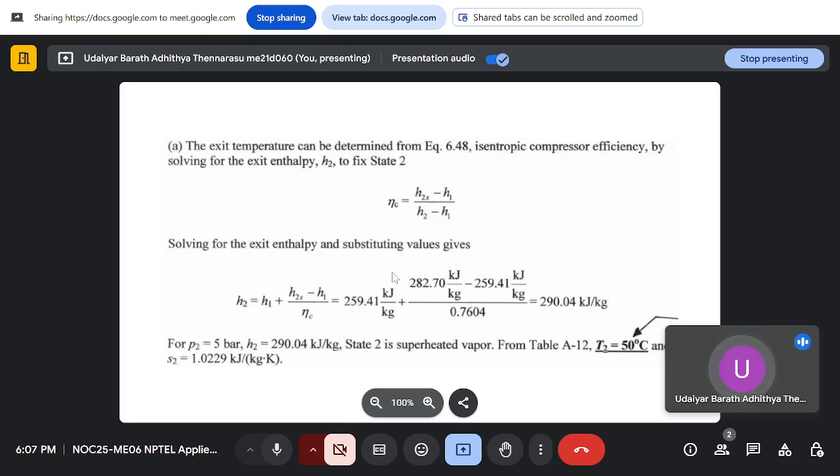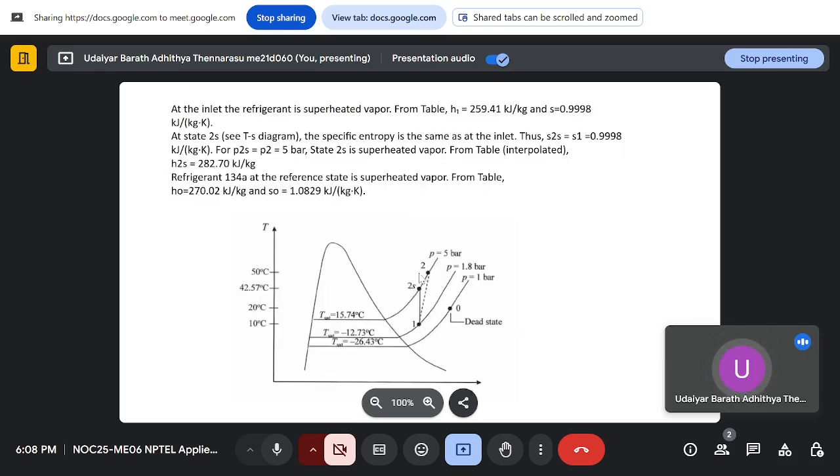From the R134A refrigerant property table, for enthalpy of 290.04 and pressure of 5 bar, I get my temperature as 50 degrees Celsius and my entropy at that point is 1.0229 kilojoule per kg Kelvin. So my inlet is at 10 degrees Celsius and my exit is at 50 degrees Celsius. And you see, corresponding to saturation pressure, the saturation temperature is 15.74 for 5 bar.